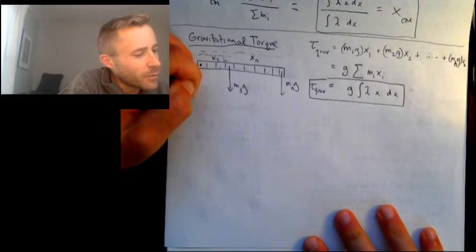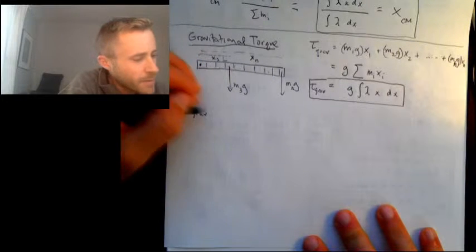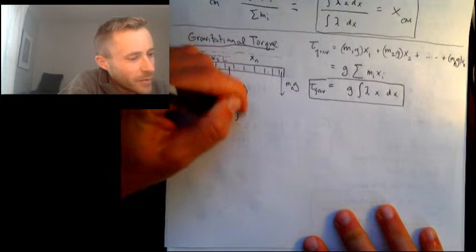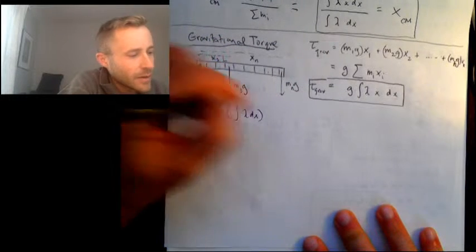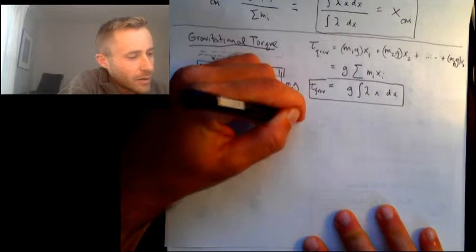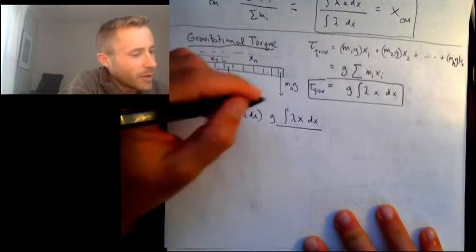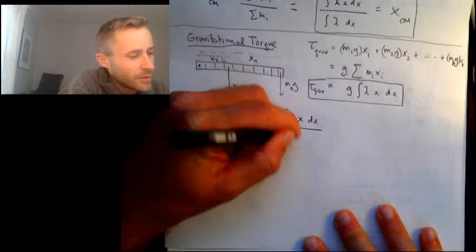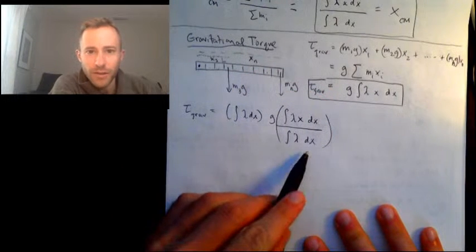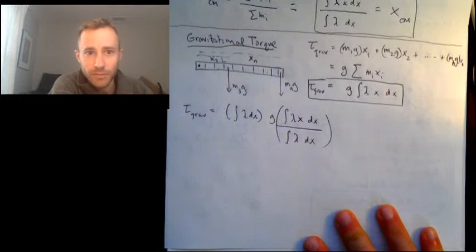I'm going to take the formula for the gravitational torque and multiply it by the integral of lambda dx. I'm also going to divide by the integral of lambda dx. So I've multiplied and divided by the same thing. These would just cancel out, and I would get back to my original expression.